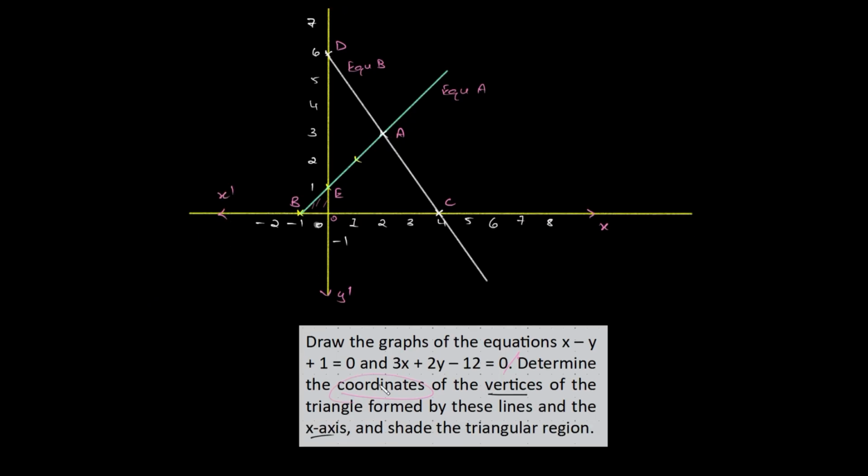So determine the coordinates. So we have to determine point A, B, and C. Point C is clearly 4, 0. Point B is -1, 0. And point A is 2, 3. Okay. Shade the triangle as well. Right? And that's your answer.